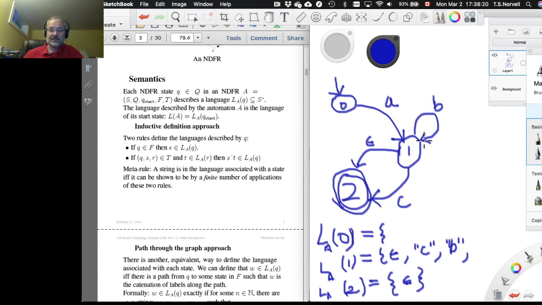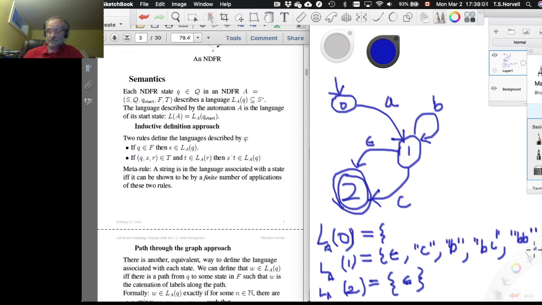Similarly, I could take B, and then I know that C is in the language of state 1, so catenating those two strings together, I get BC. That's in the language. And then, again, I could take this transition and the fact that I know that B is in the language of this state, and I get that BB is in the language. Okay.